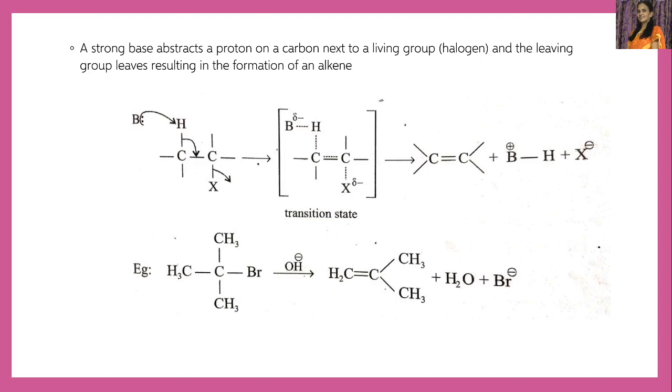So here, what is happening? The bond between this carbon and X is becoming weak. Dotted line we wrote. And here, this base is forming a bond with H, it is now only being formed. So the bond between this carbon and this hydrogen weakens.